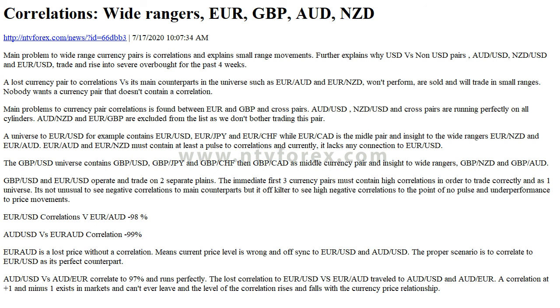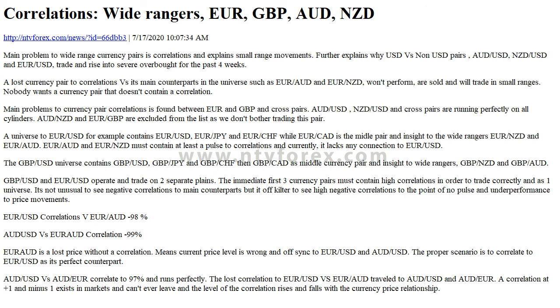EUR-NZD current price is unresponsive to EUR-USD and NZD-USD. GBP-NZD. GBP-USD versus GBP-NZD correlation 32%. NZD-USD versus GBP-NZD correlation 94%. GBP-NZD has a slight pulse to GBP-USD but extremely low correlation. GBP-CAD. GBP-USD versus GBP-CAD correlation 51%. USD-CAD versus GBP-CAD correlation 39%.